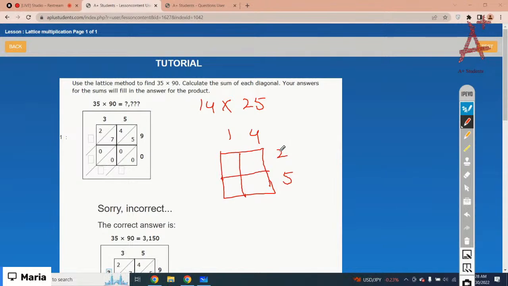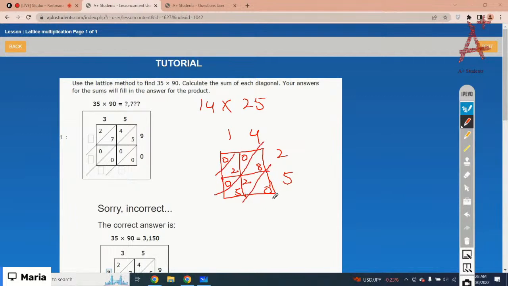Start multiplying from the lowest diagonal. Got it? 5 times 4 is 20. 0 and 2. 2 times 4 is 8. 0 and 8. 2 times 1 is 2. 2 and 0. 5 times 1 is 5. 5 and 0. Okay, now they are like this.